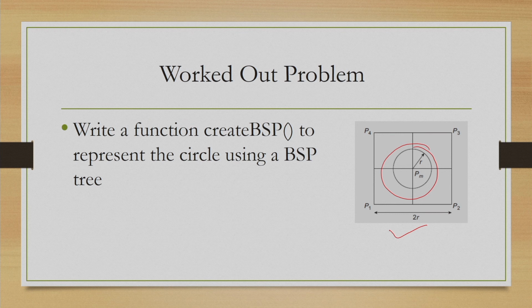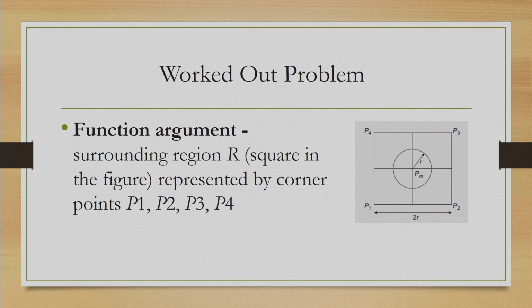How can we do that? So, we take as input the surrounding region R, which is the square represented by the four vertices or the corner points P1, P2, P3 and P4, and the circle is within this region.